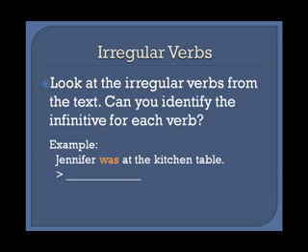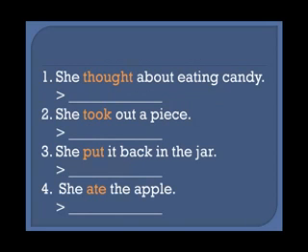Now look at the irregular verbs from the text. Can you identify the infinitive for each verb? Example: Jennifer was at the kitchen table. What's the infinitive? To be. Now it's your turn. Number 1. She thought about eating candy. The infinitive?